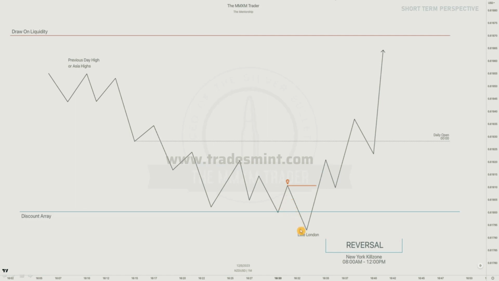Because then in late London we hit that discount array instead of that New York kill zone time frame. Now this is fine because we can still catch an entry because we wait for that specific time window, right? We know break of structure and a discount array has happened already, so that sweet spot should be hit within our kill zone, and then we still have that market maker buy model which we can complete.